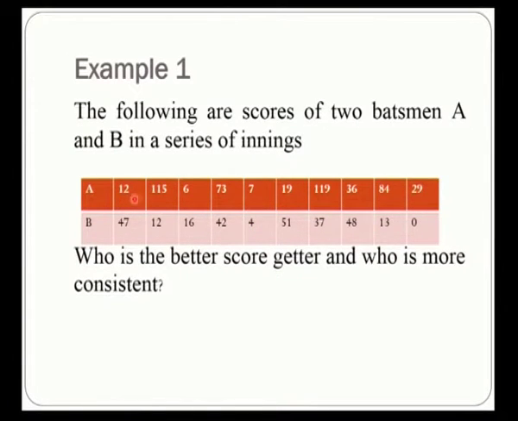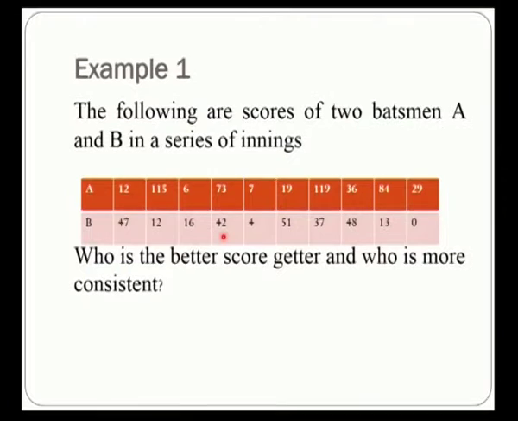Batsman A scored 12, 115, 6, 73, 7, 19, 119, 36, 84, 29. That means he went for maximum and minimum, very low as 6, maximum as 119. Like that, batsman B scored averagely like 47, 12, 16, 42, 4, 51, 37, 48. His score is average and steady.